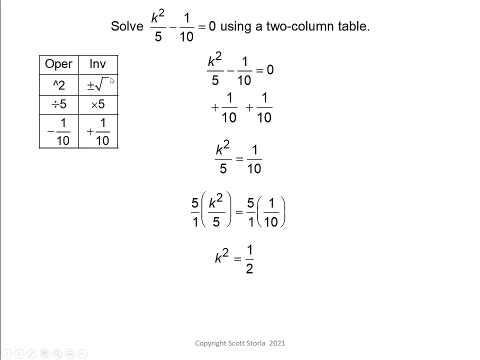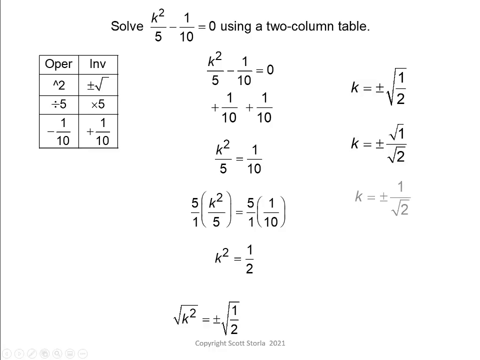I'll move up a row, take the square root of both, keeping in mind I need both the positive and the negative answer. I simplify. Last, I'll need to simplify this root. Remembering my rules, the square root of a quotient can be written as the quotient of the square roots. Square root of 1 is 1.